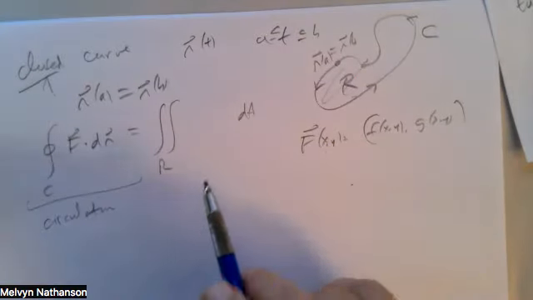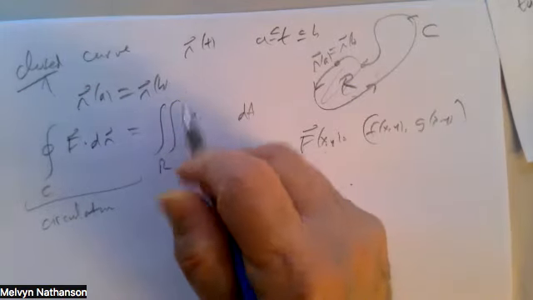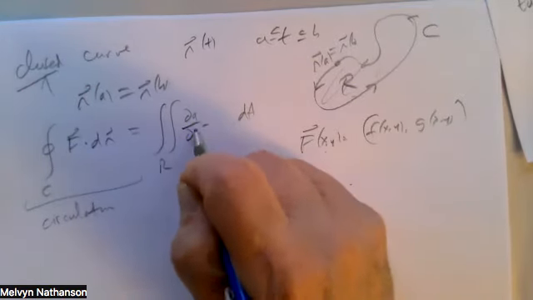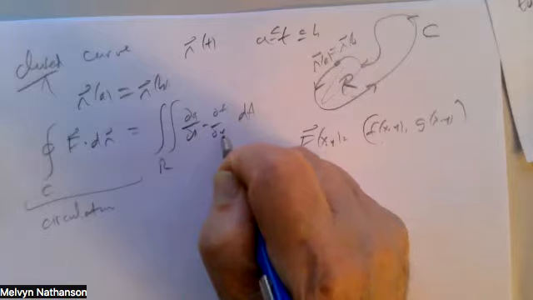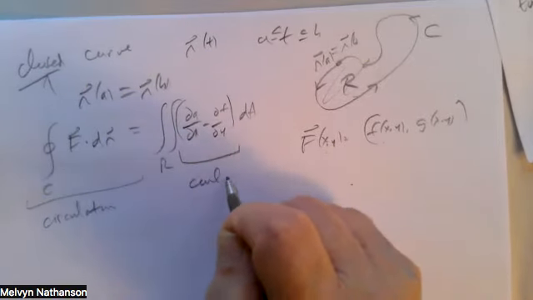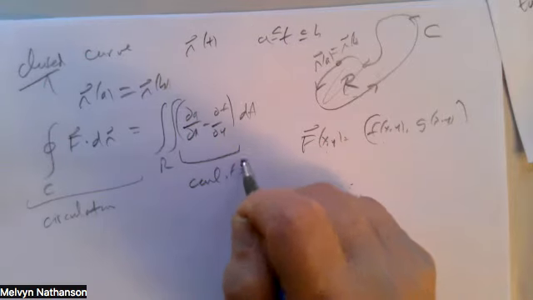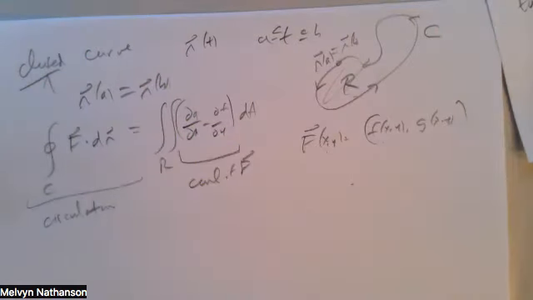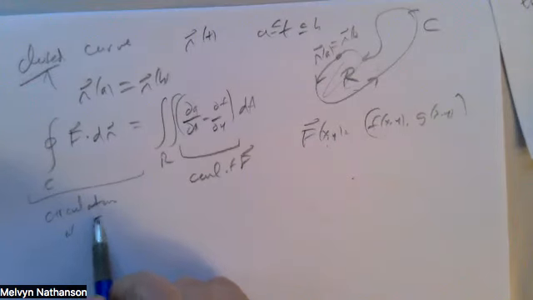This is a vector field, it has two coordinates. Partial of g with respect to x minus the partial derivative of f with respect to y. And this function in here is called the curl of F, the curl of the vector field. This is the circulation of the vector field.